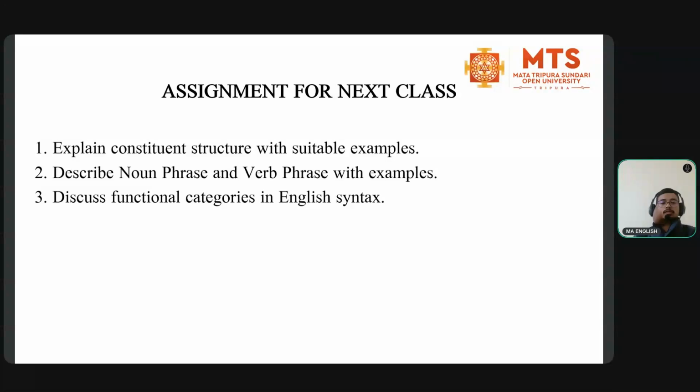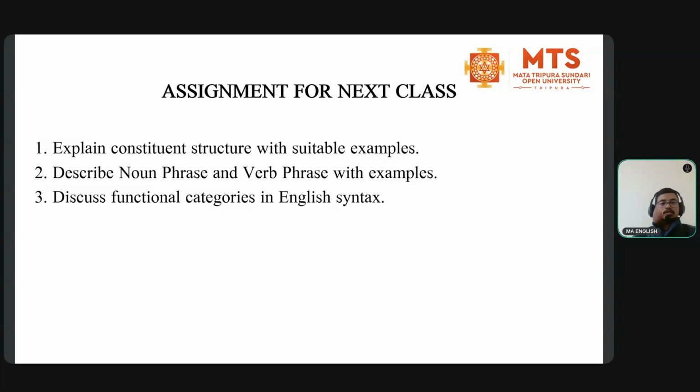Let me repeat it again. Begin with what exactly a constituent is and how sentences are hierarchical. And try to also provide some suitable examples.